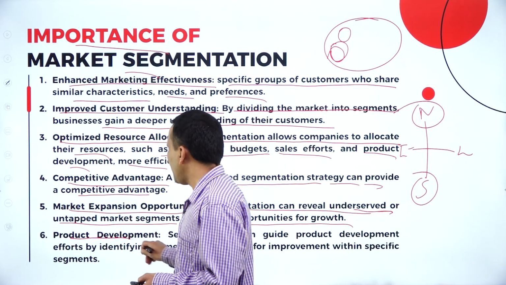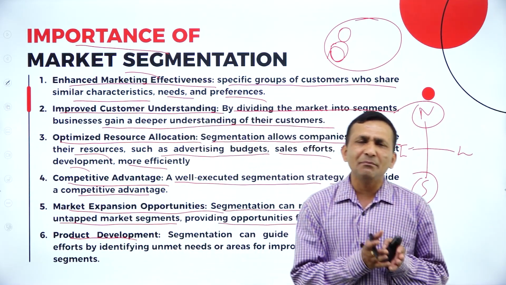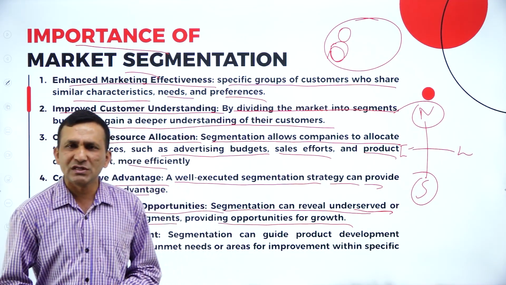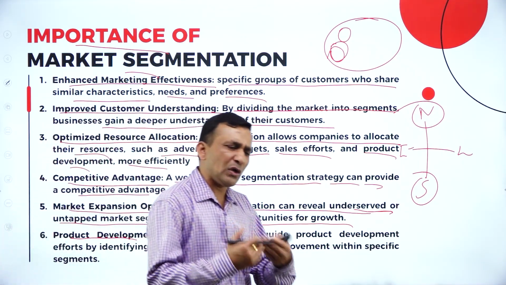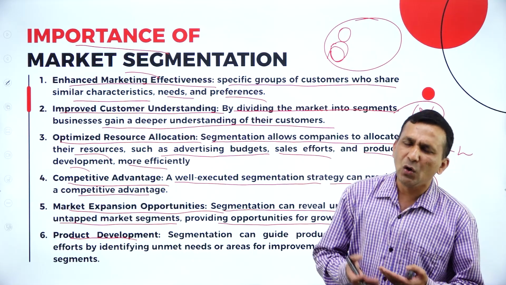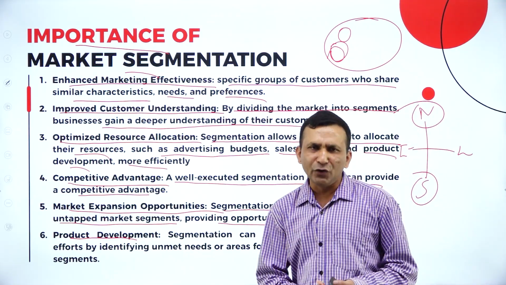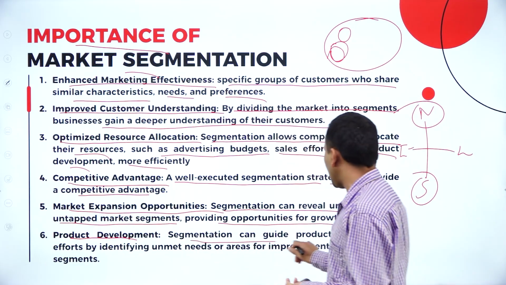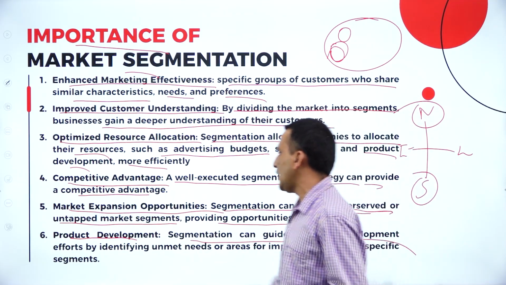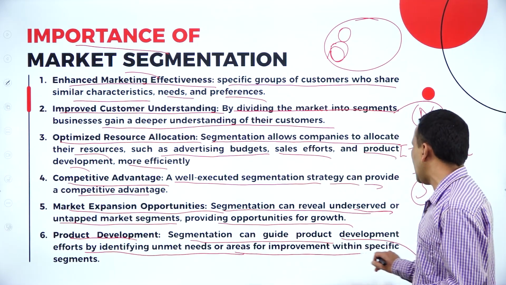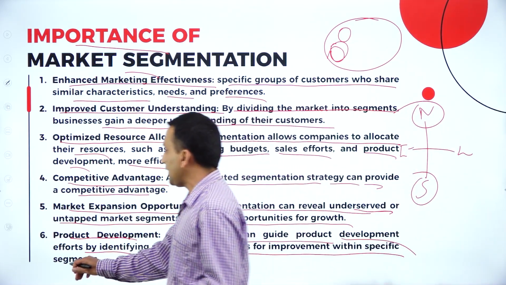And the product development, because the product is completely based on consumer expectation when we are producing. So we will get more and more clarity, more and more ideas and opinions. So information we can collect for developing a new product. The segmentation can guide product development effort by identifying the unmet need and improving within the specified segmentation.